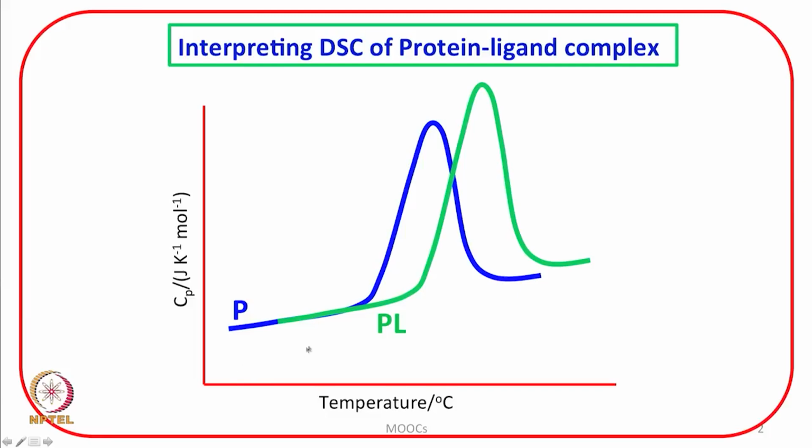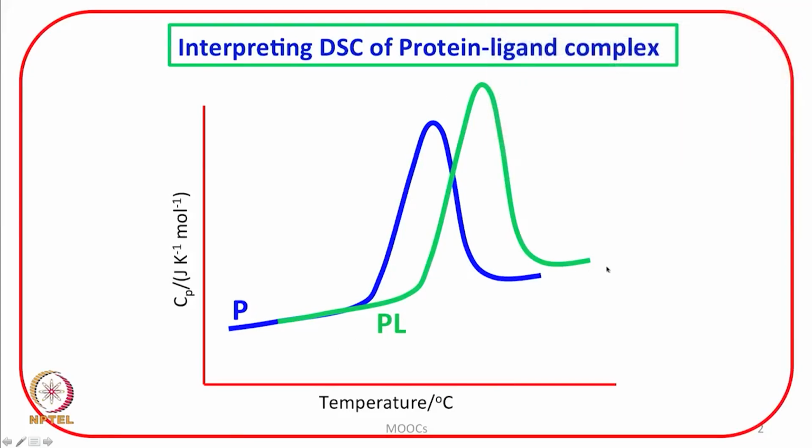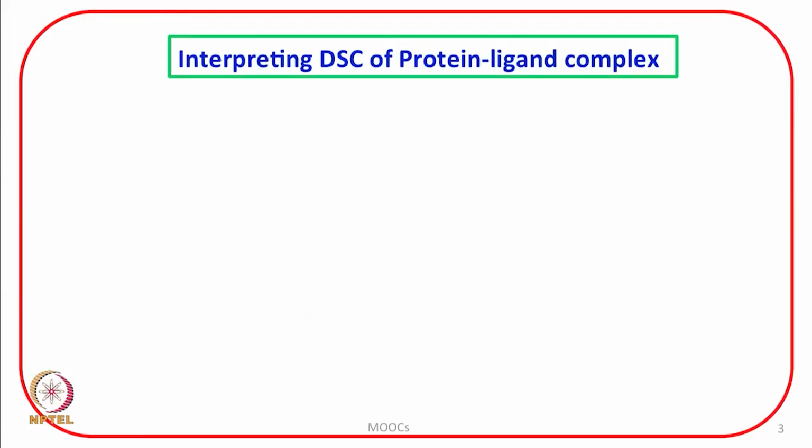Now, this kind of situation will arise when the protein is fully saturated with the ligand. What I mean is, PL showing only one peak, this kind of situation will arise when the protein is fully saturated with the ligand.